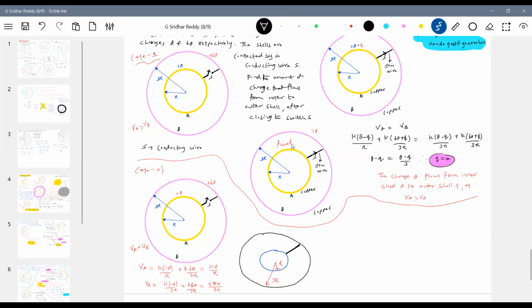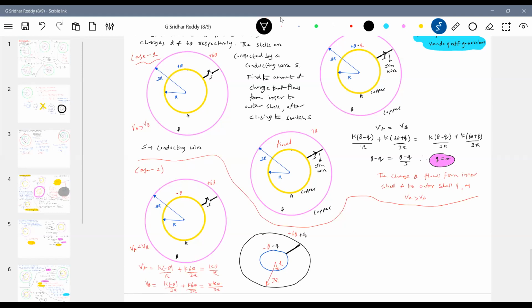In this case, what will be the final charge? I know some charge is left, minus Q, negative sign, yeah. Minus Q, this was plus 6Q. So what shall we do? Some charge is left.